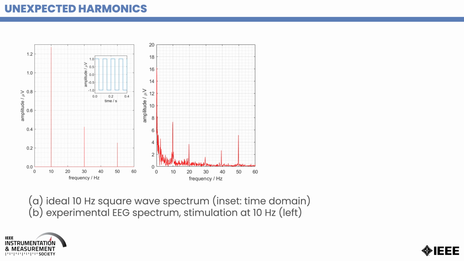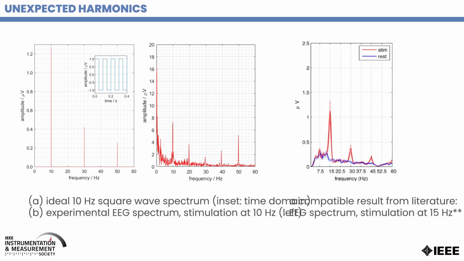But we left on these unexpected harmonics because the idea was that if we are stimulating with a light that follows a square wave, we would have expected only some odd harmonics with a certain scaling law. But we also obtain even harmonics with a different scaling law of the amplitudes. And the literature was saying so far that this is due to the nonlinear effects of the brain.